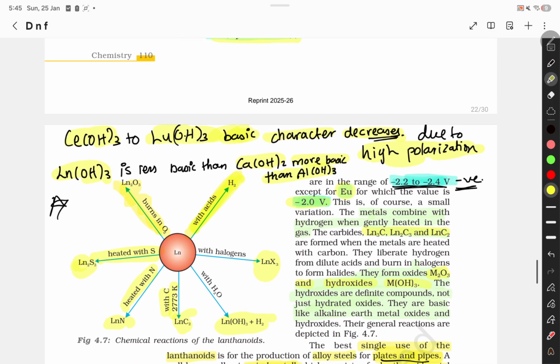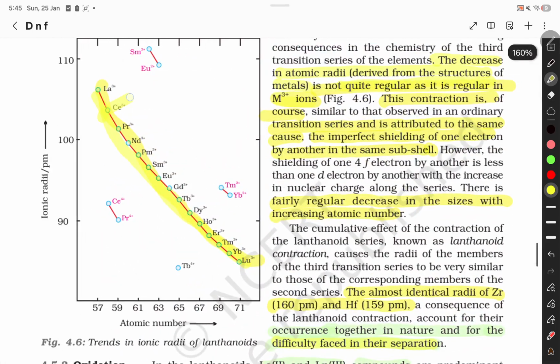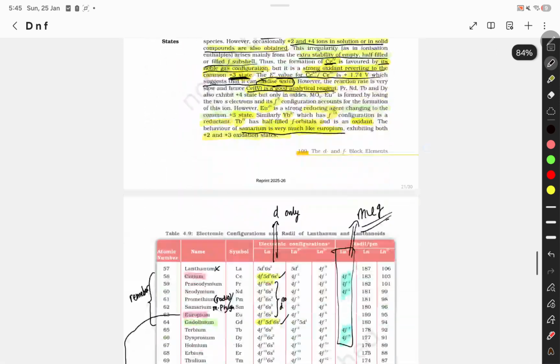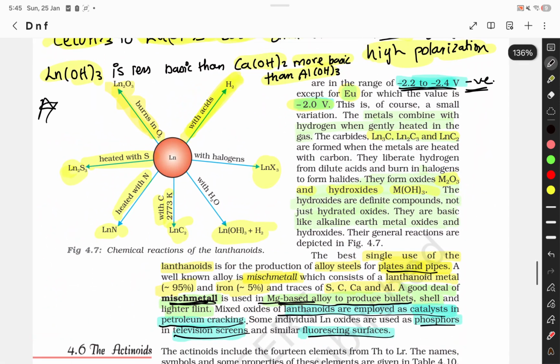So some extra points you should note down: from Ce(OH)3 to Lu(OH)3, from Ce to Lu, basic character is decreasing. Okay, basic character of the hydroxides is decreasing from left to right.